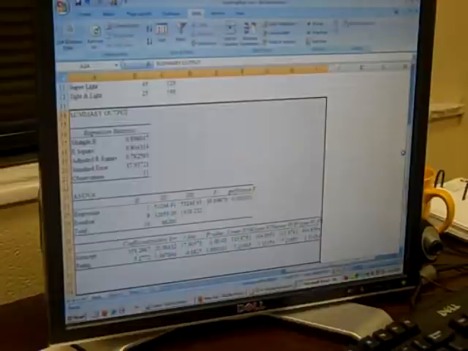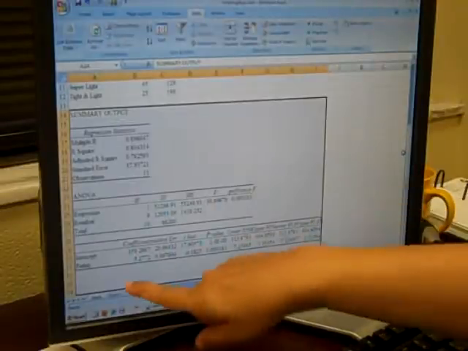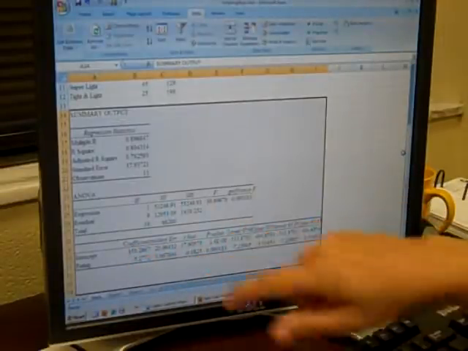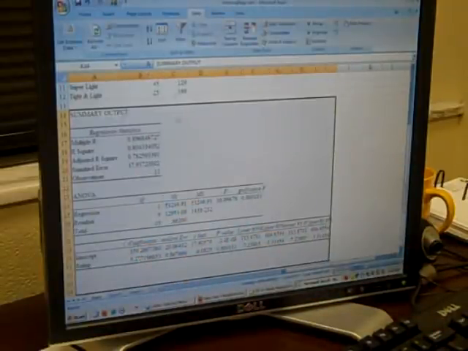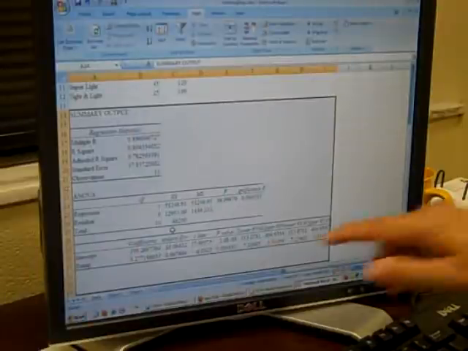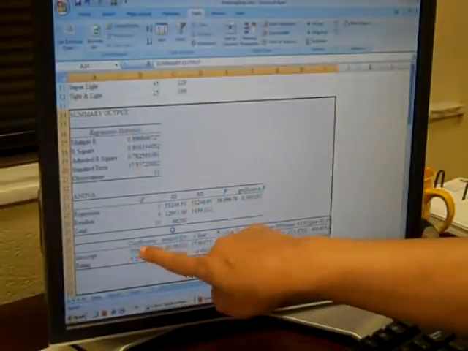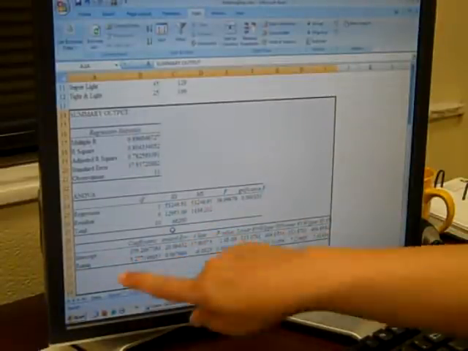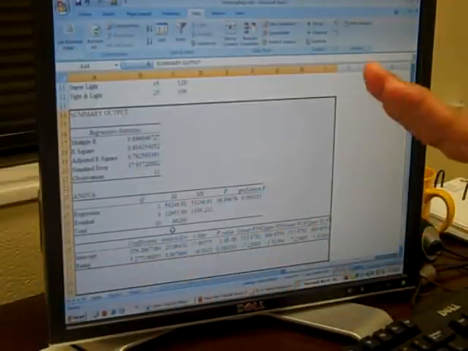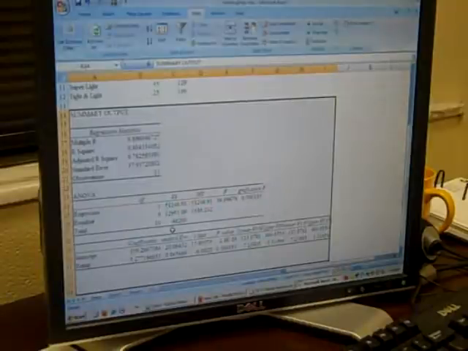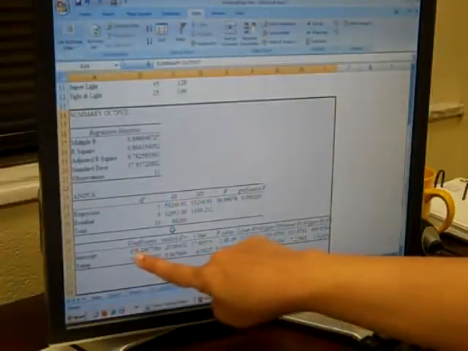First of all, what is the regression equation? You are going to find the regression equation right here in the coefficients over here. The intercept is my B0, and the rating is my B1. This is the slope. This is a negative slope, and the intercept is 359.